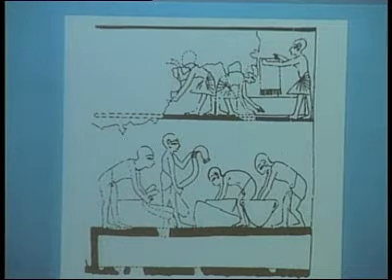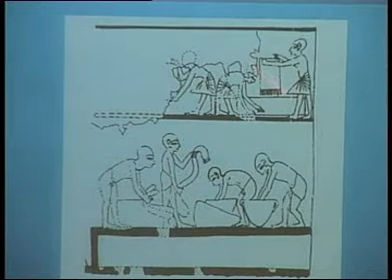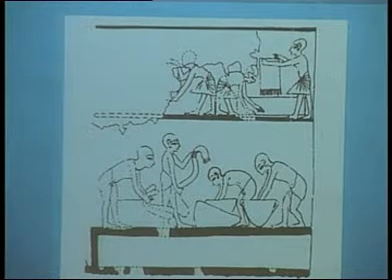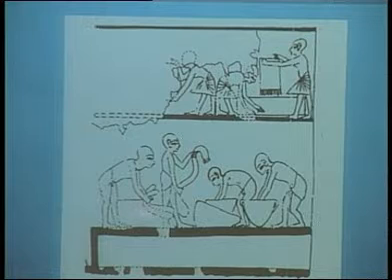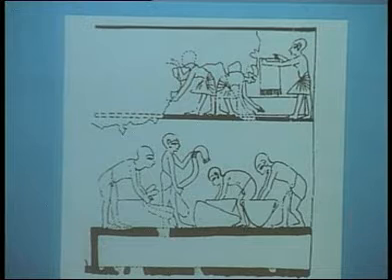But we've got similar activities to what we saw before, the shaking of the wet washing and the stretching of it, and then laying it out again on the bleaching ground to dry, and the canal being shown here. And once again, an all-male concern.